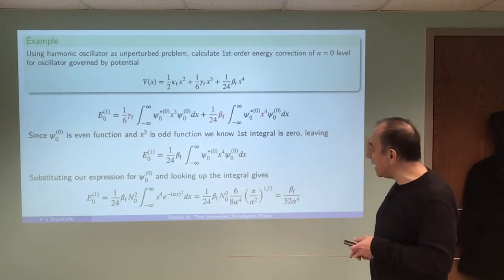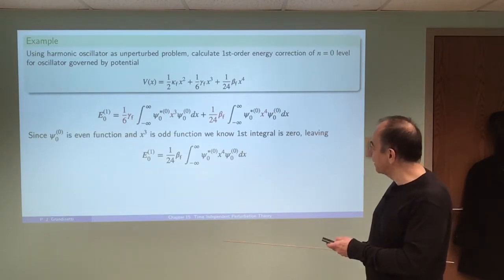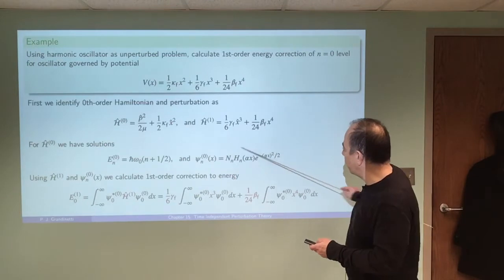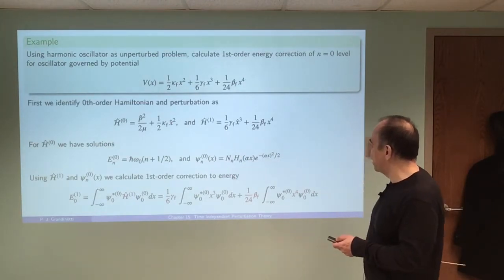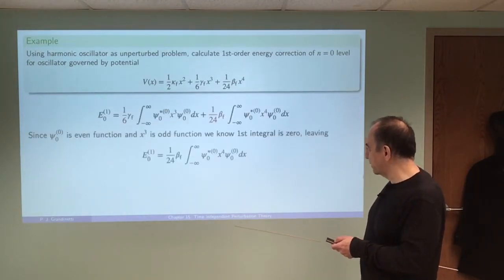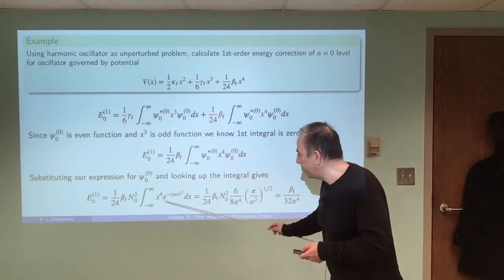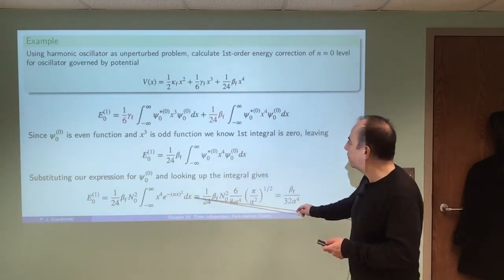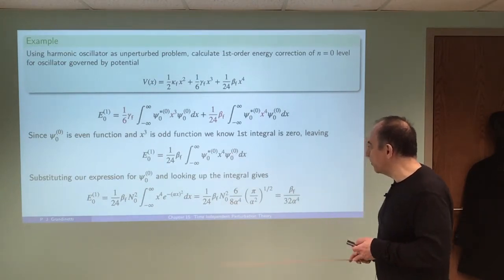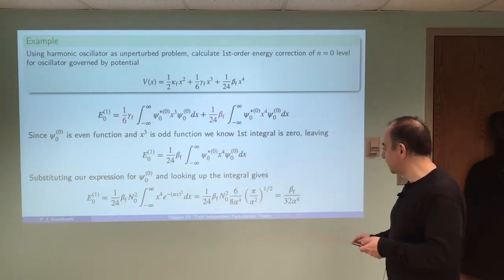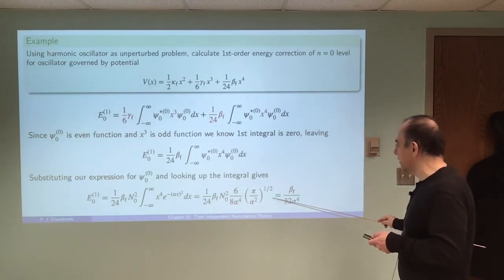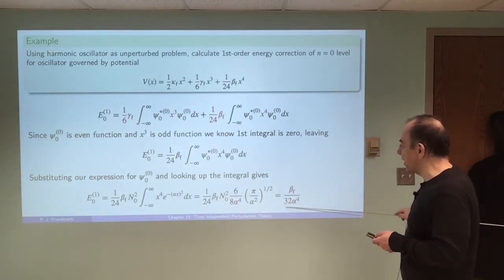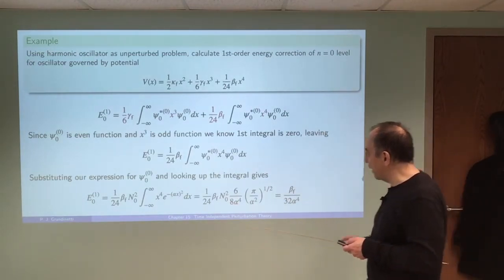So now if I go back and I use the form for the 0th order wave function and I plug it in here and here, I get this expression for this integral, and then just working it out with a little bit of math, you should get this result, and then you get the result here for the final energy correction.